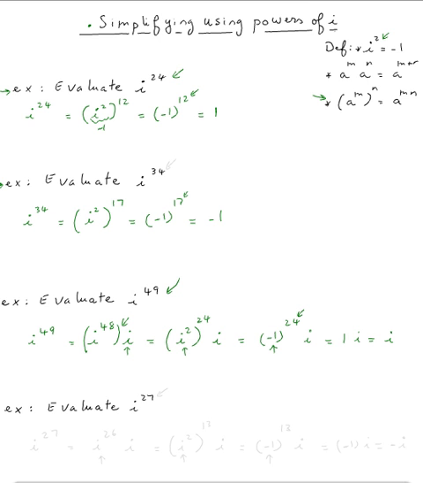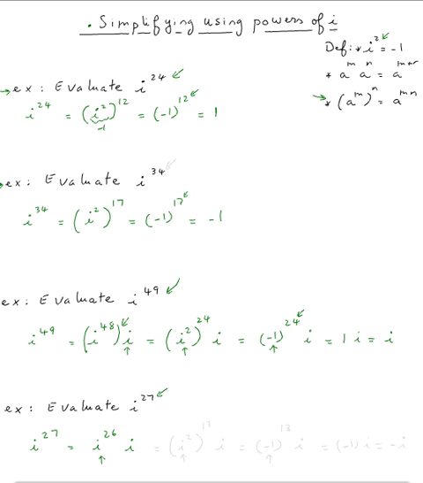Alright, now next example, we'll do the same thing. Because the exponent is odd, I'm going to write i to the 27 as i to the 26, the largest even exponent, times i. Of course, 26 plus 1 is 27, right? Now, I'm going to use the same thing.